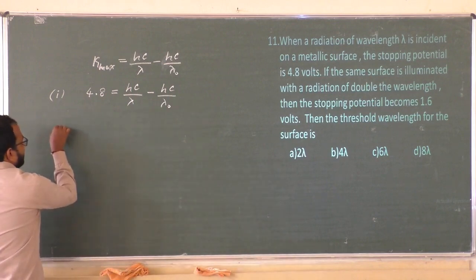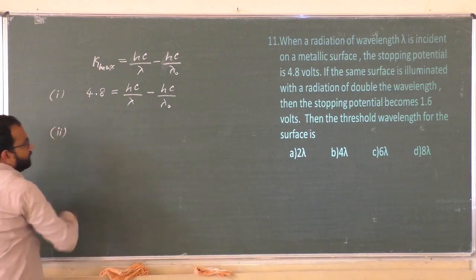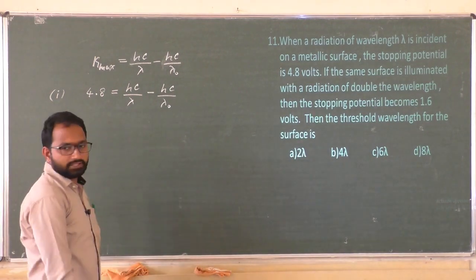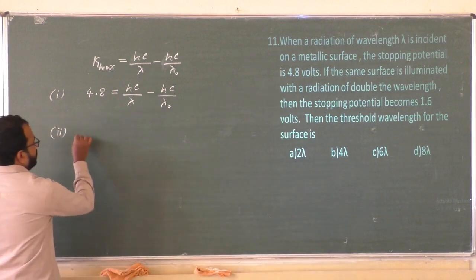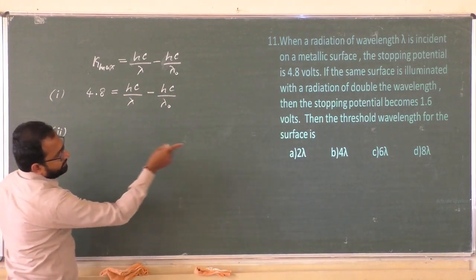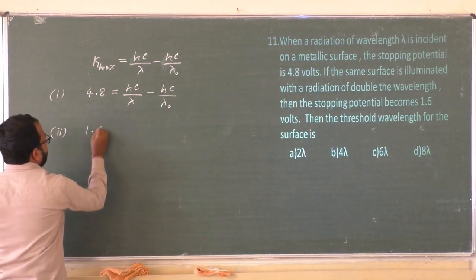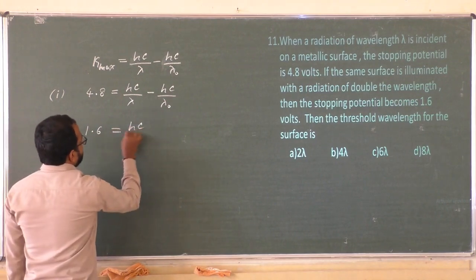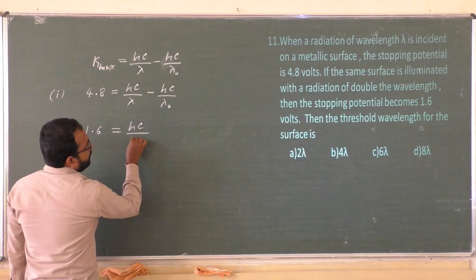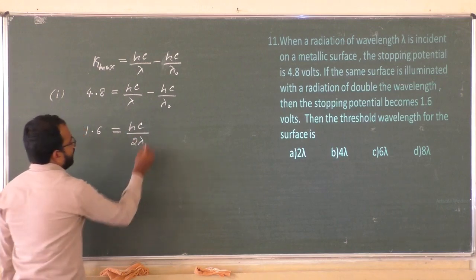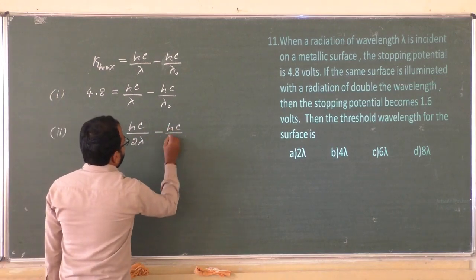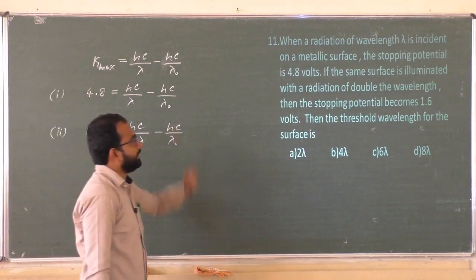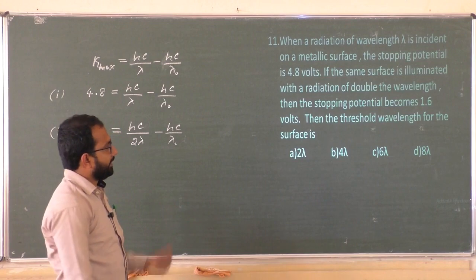So for the second case, if the wavelength is changed to twice the initial value, the stopping potential is now 1.6 volt, therefore kinetic energy is 1.6 electron volt, which is equal to hc by 2 lambda minus hc by lambda naught, that remains the same. Work function of the photosensitive material.